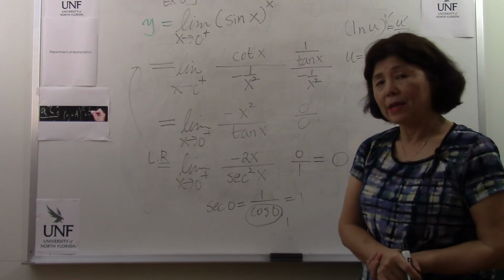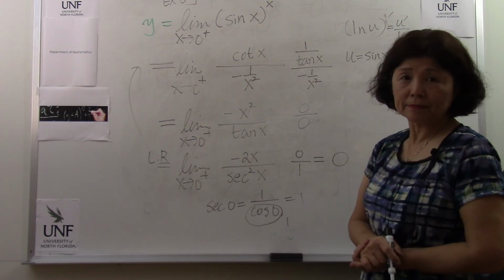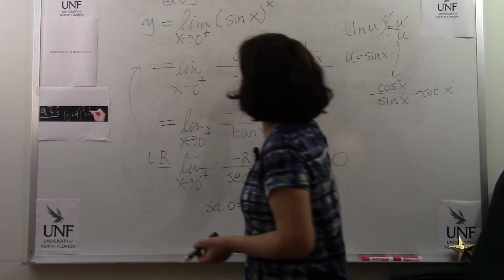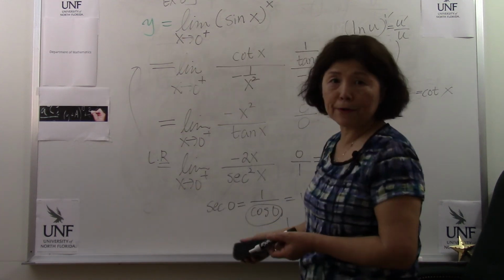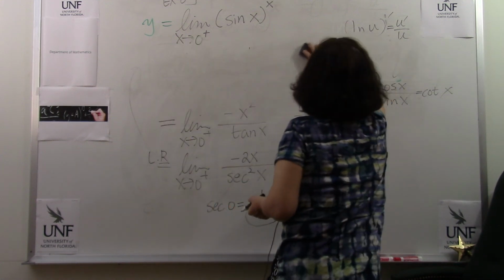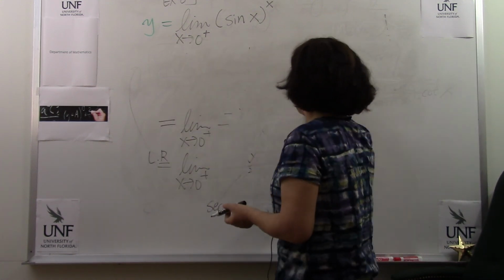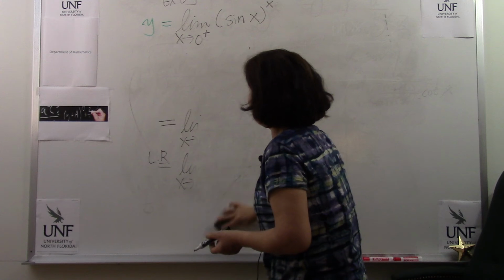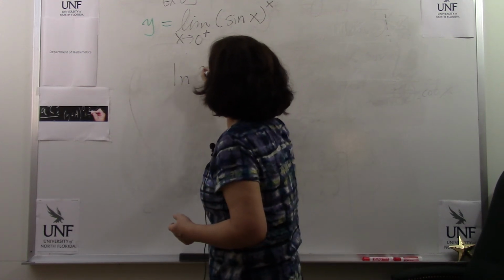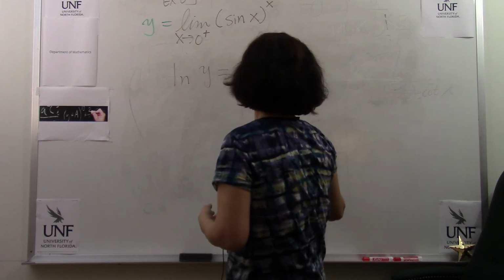Okay. So is 0 the final answer? I don't think so, because we got 0 after we took the log. Is that right? So our original limit, we called it y. Okay, we just named it y, and right now ln y turns out to be 0.